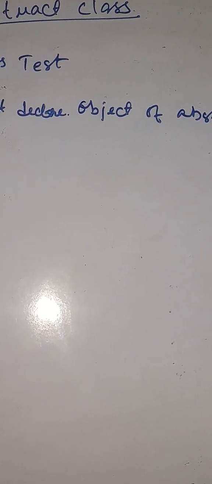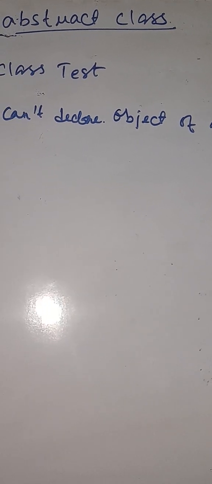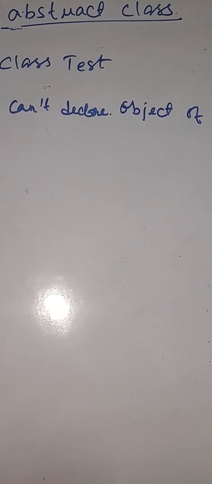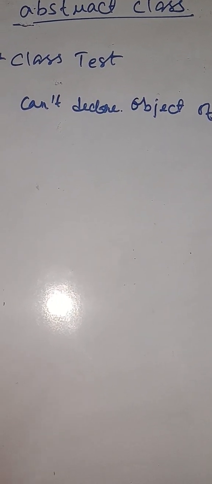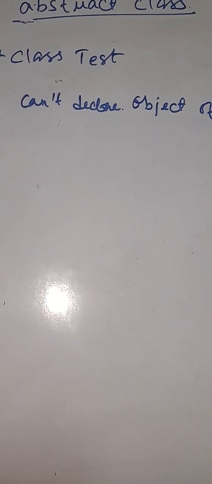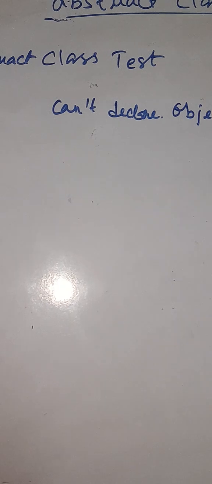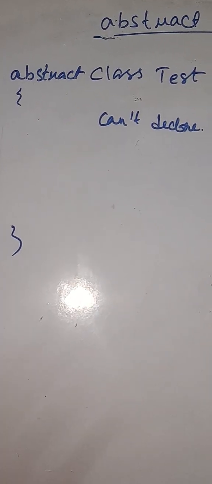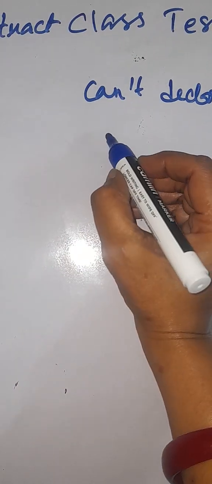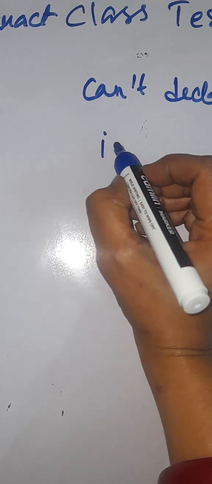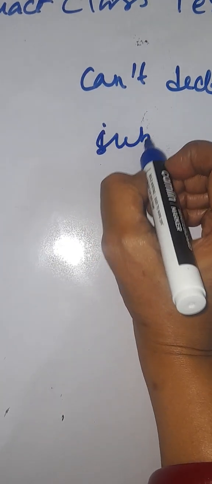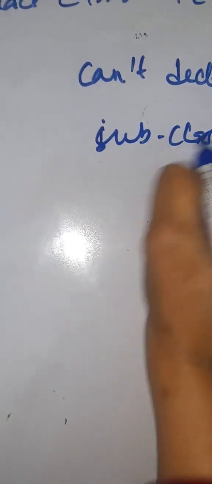Clear? What will be the problem if you can't declare any object of the abstract class? How can you access the abstract method and non-abstract method? That's why, when you declare an abstract class, you have to use a subclass.